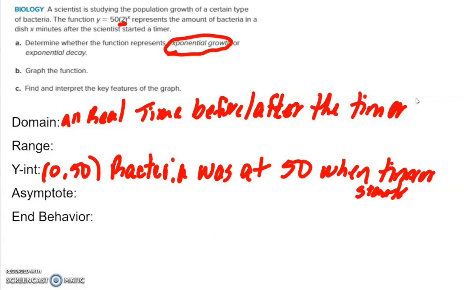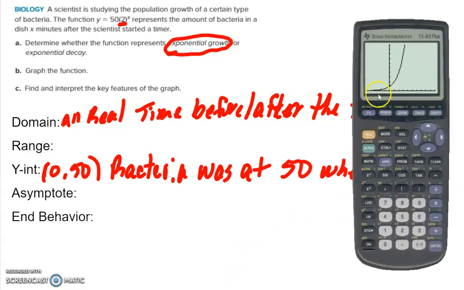Now the range, if you look at our graph, so if I go to my calculator, it never goes below the x-axis, and it never gets to 0. So the range for this one would be, if we're talking about the time after the timer started, we would start at 0 and go on.